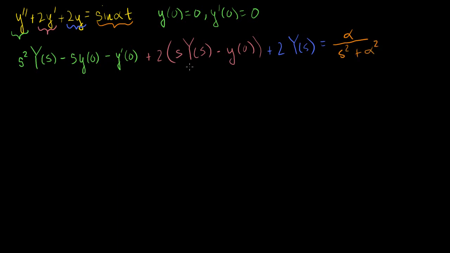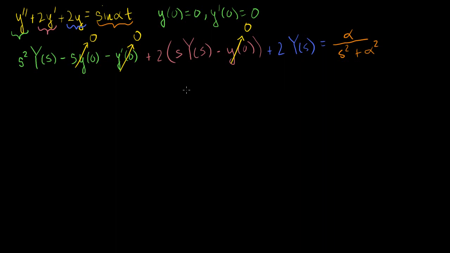Now the next thing we want to do is separate out the Laplace transform of y terms. Actually, even better, let's get rid of these initial conditions. y of 0 and y prime of 0 are 0, so those terms are 0.